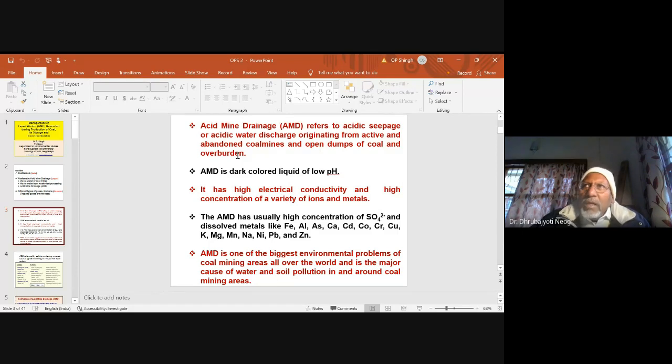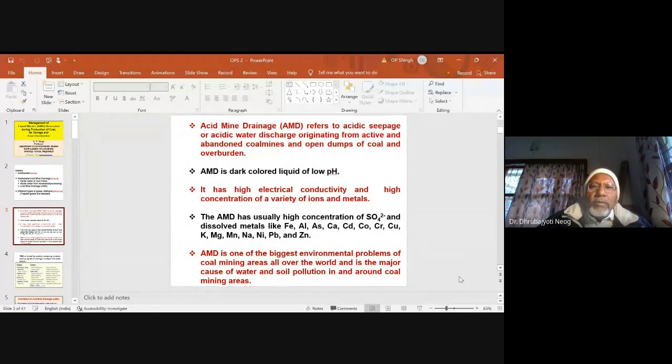The main cause of acid mine drainage or acidic seepage is the presence of pyrite in coal as well as overlying rocks. So acid mine drainage is a dark colored liquid which has very low pH, and pH sometimes goes as low as 2.5 or 3.